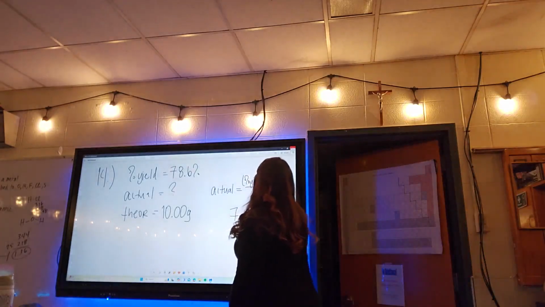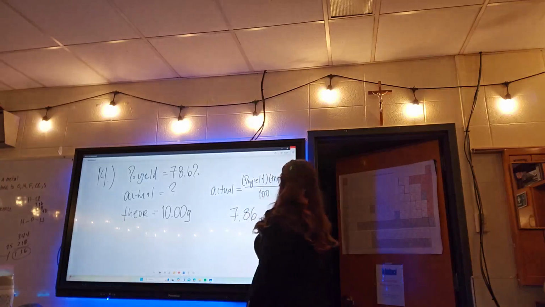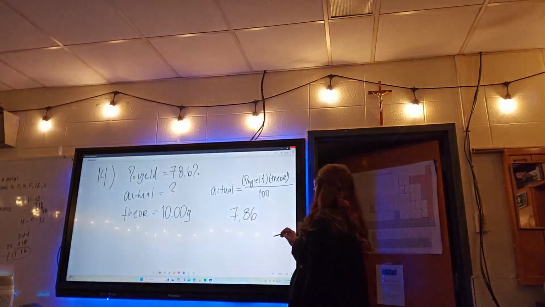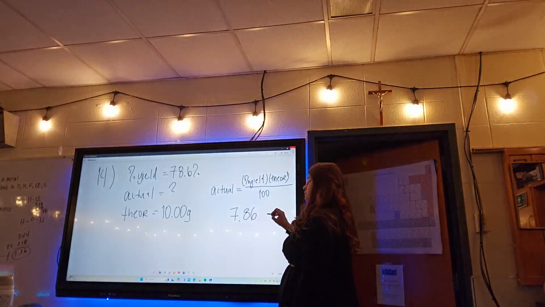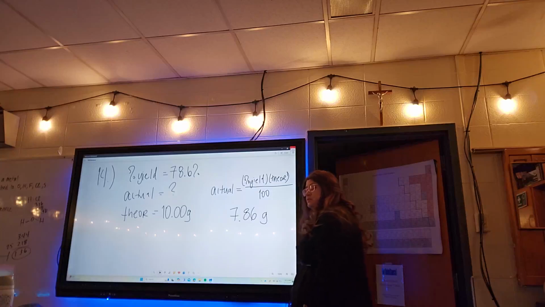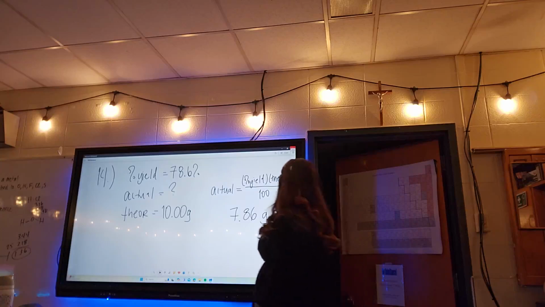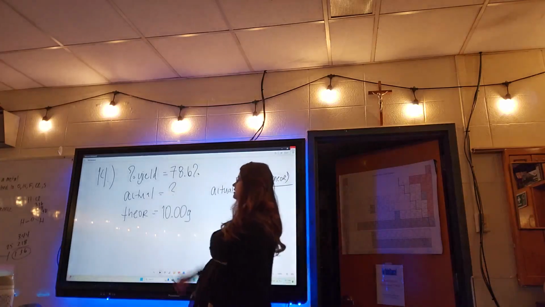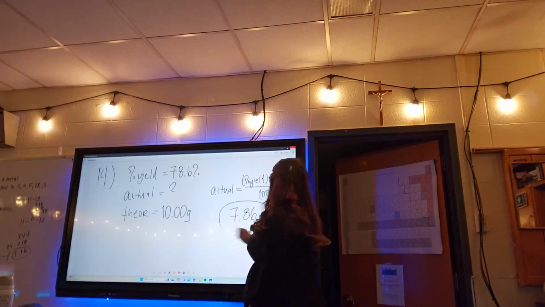I think it's 7.86. What's your unit here, though? It's grams. Do you have the right number of significant figures? Yes. You do, because you had 4 and 3. 3 is smaller. 3, that's your answer.